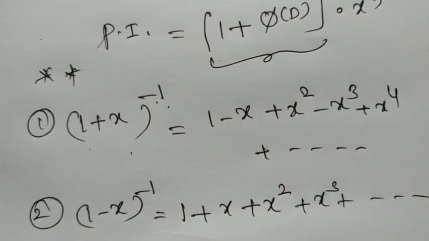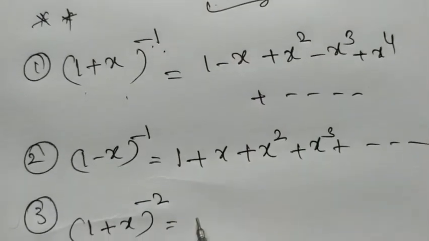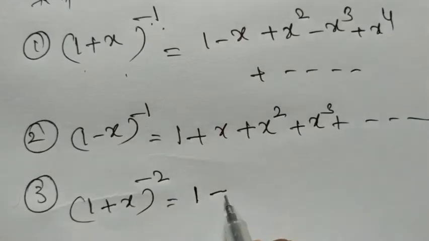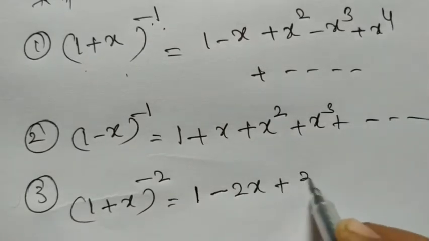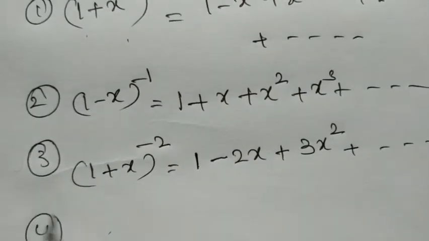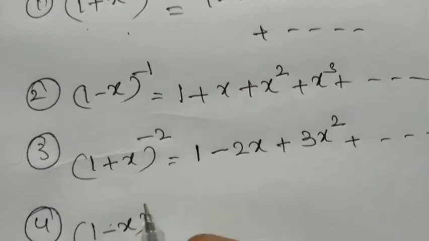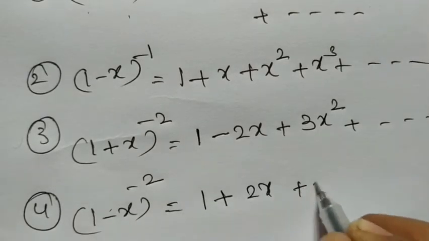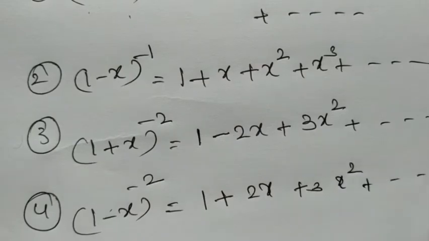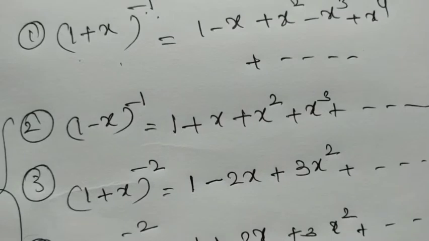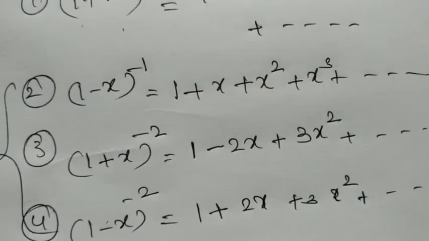Next, (1 plus x) whole power minus 2 equals, with alternative signs, 1 minus 2x plus 3x square minus and so on. Next, (1 minus x) whole power minus 2 equals 1 plus 2x plus 3x square plus and so on. By using these 4 formulas we are solving method 3 problems of particular integral.